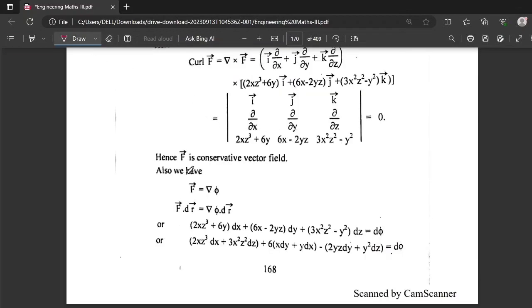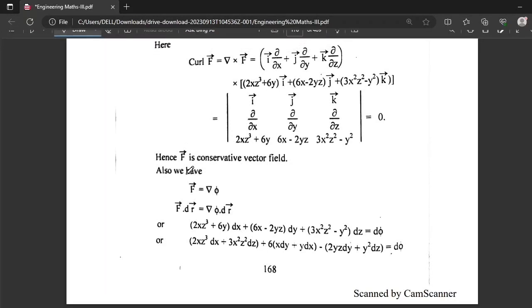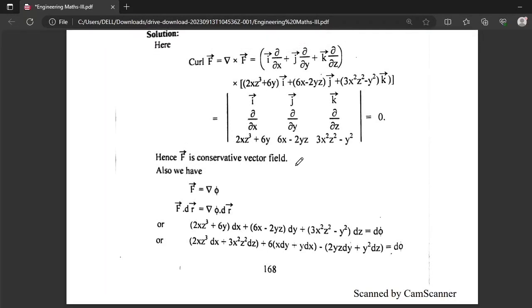Now expanding this, first is the i vector. Remove its column and row. The remaining is ∂/∂y of (3x²z² − y²).